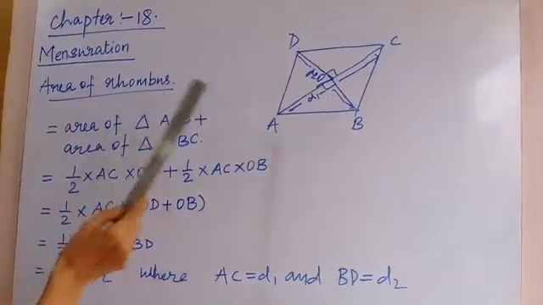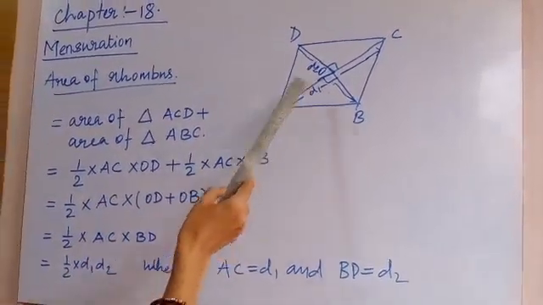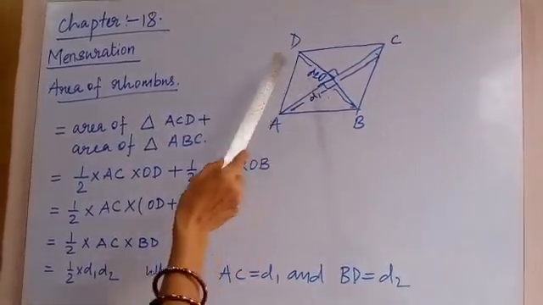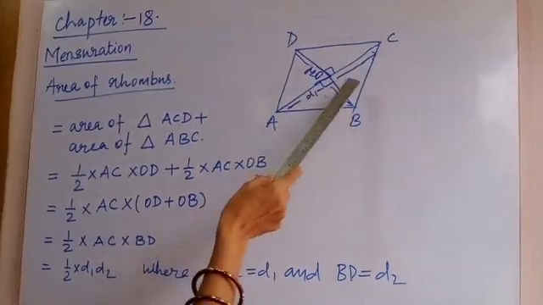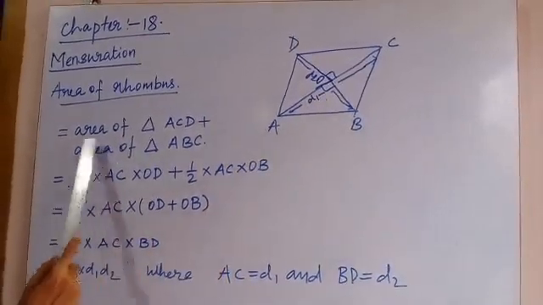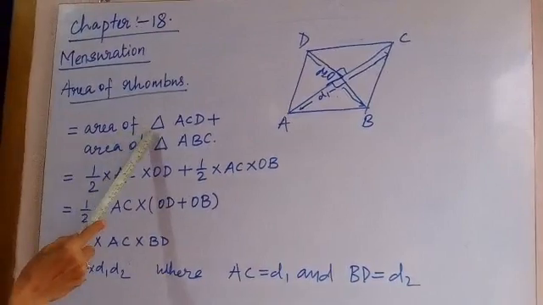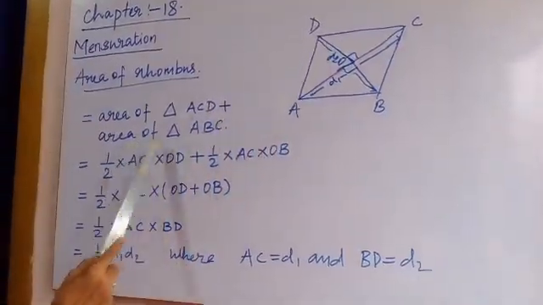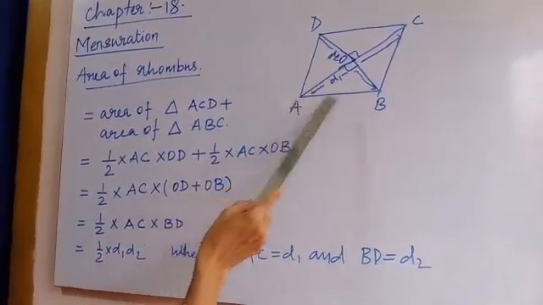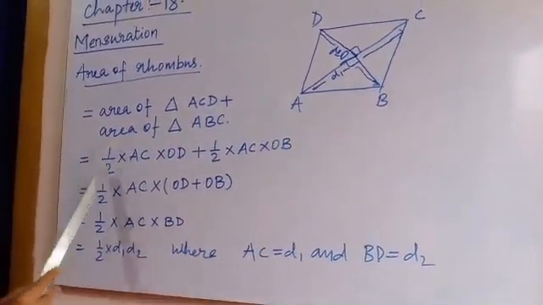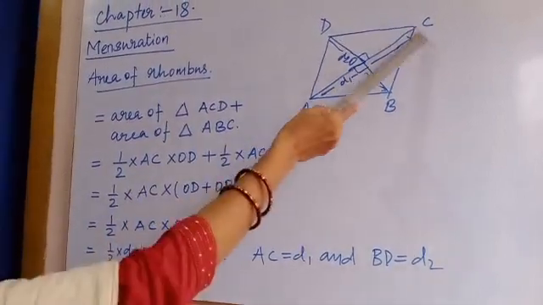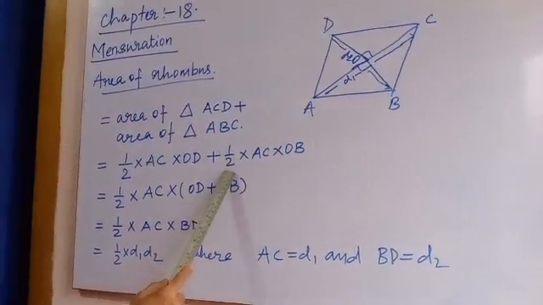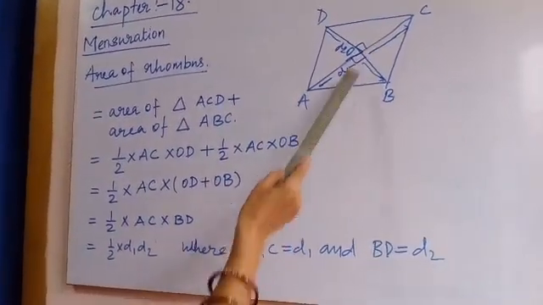Area of the rhombus. This figure is rhombus. In a rhombus all four sides are equal and the diagonals bisect each other. Area of the rhombus equal to area of the triangle ACD plus area of the triangle ABC, equal to 1 by 2 AC into OD plus 1 by 2 AC into OB.